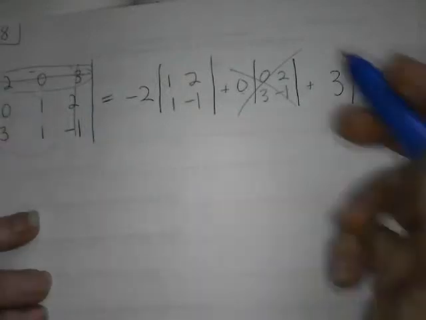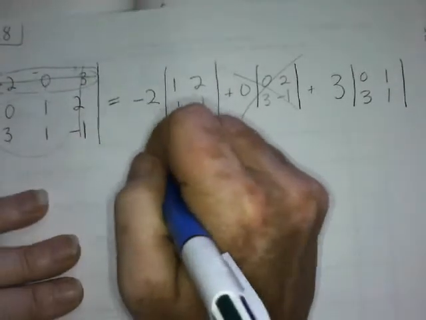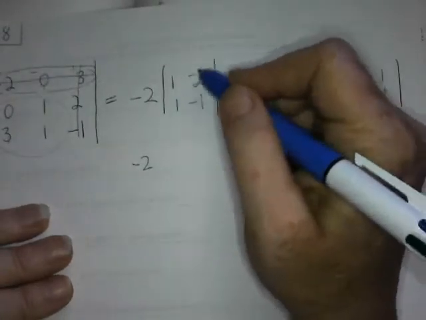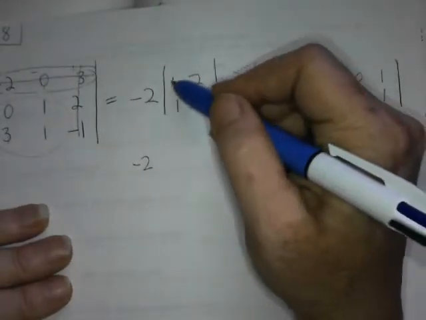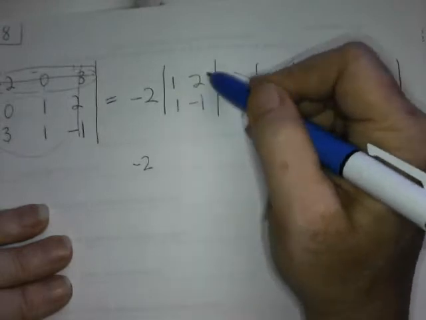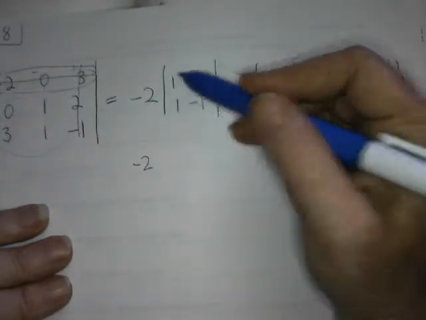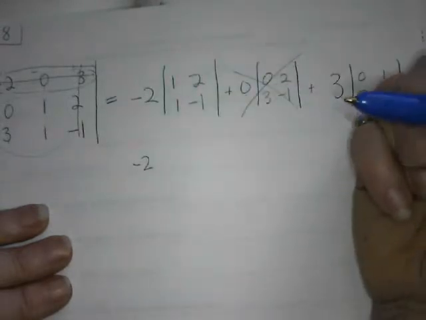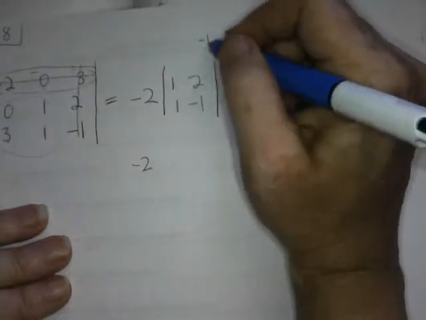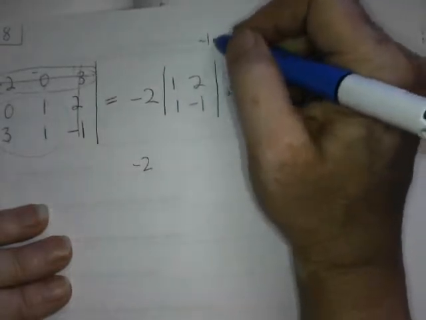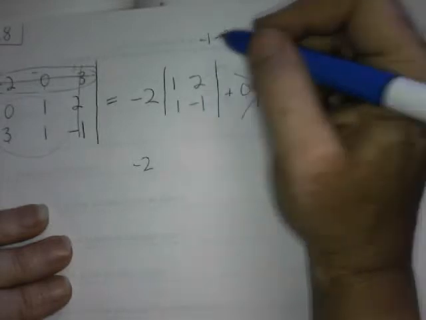So this will be -2 times, remember how we do this? We go that times that minus that times that. So 1 times -1 is -1, minus 2 times 1 is 2. I think that's going to give me -3.